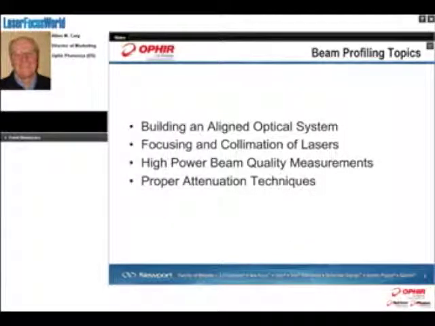First of all, basically what I want to talk about is building an aligned optical system and how one goes about that using laser beam profiling technologies. Subsets of that are focusing and collimation of lasers. Then we're going to talk a little bit about high power beam quality measurements.